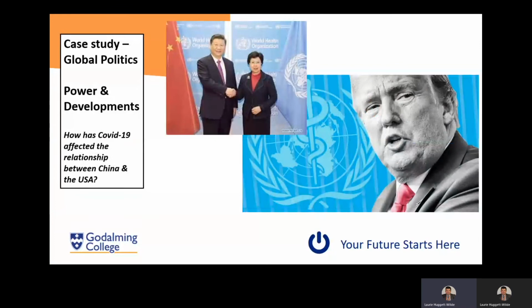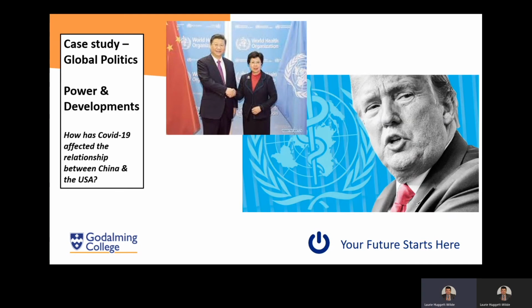A notable example of that is the World Health Organization, an international institution which coordinates responses to these pandemics and to global health. Donald Trump has been widely criticizing the World Health Organization, accusing it of being too in China's pocket, whilst China, as much as possible, have been trying to work through the World Health Organization.